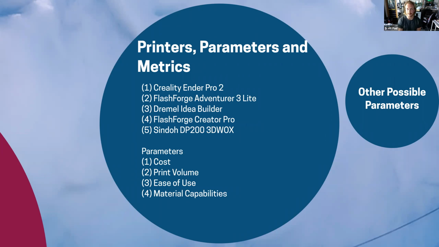Hobbyist printers can get up to, I would say, the $3,000 or $4,000 range, but we've kept it to $1,200 for this example. The parameters that we're going to focus on are cost, the print volume, the ease of use, and the material capabilities. So what all can it print?